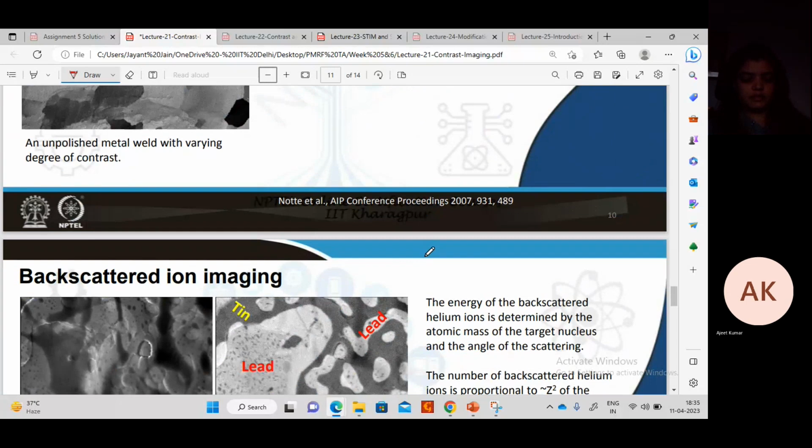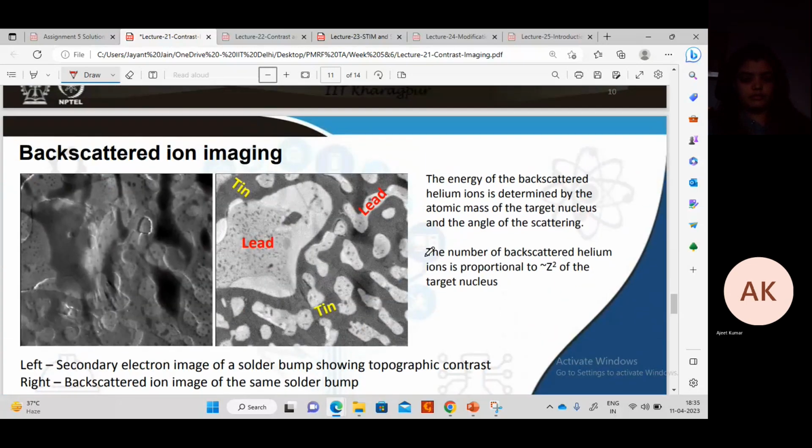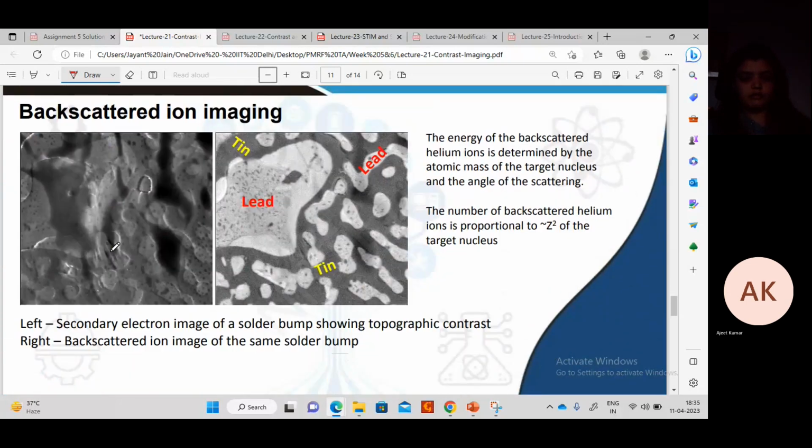So, scattered image. When they try to do the same sample in normal SE mode and then in BAC mode, in SE mode we can see some variation, but obviously much contrast difference will not be seen, and you will not be able to see properly which element is present.